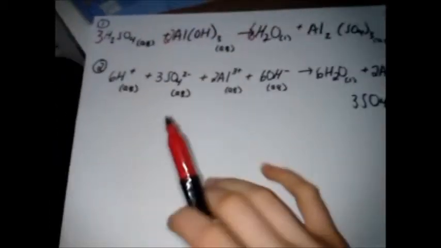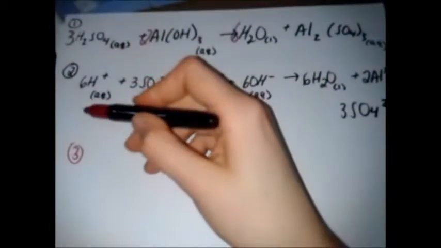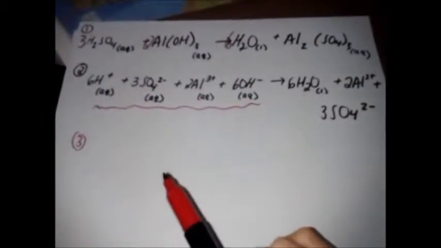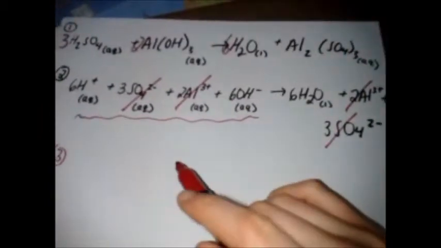Alright, now we move on to our net ionic equation. Just to distinguish the two, this is the reactant side. Now, if we see what's identical on opposite ends, we can say that this crosses off, as well as the aluminum. So now we're left with hydroxide, water, and your 6 H's.